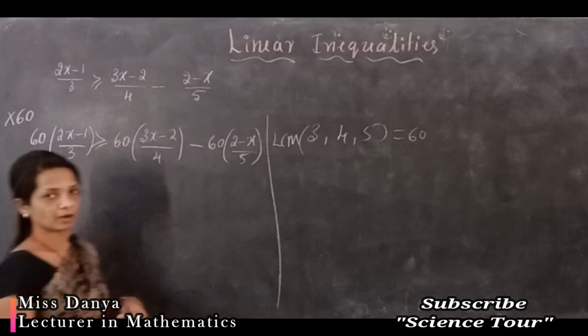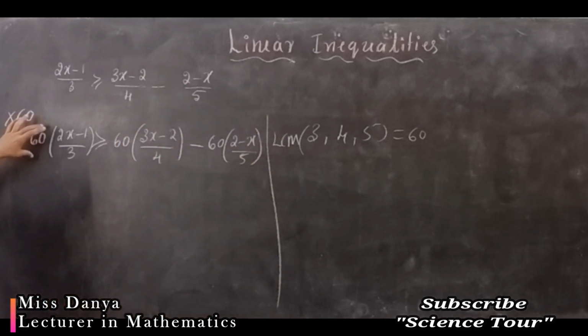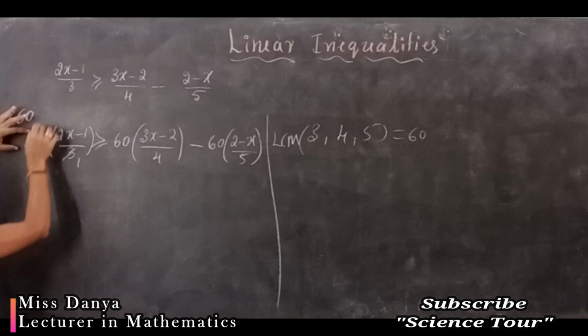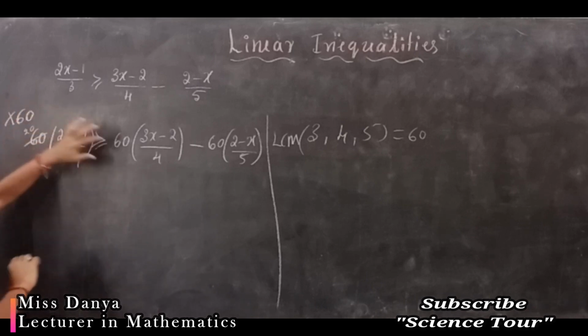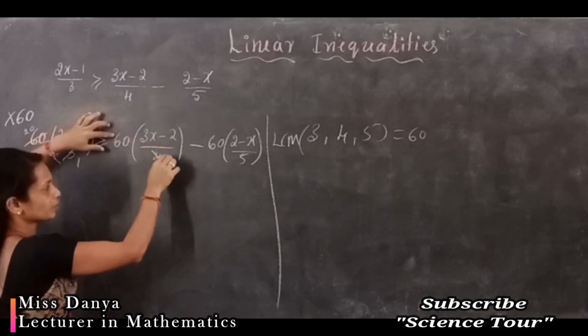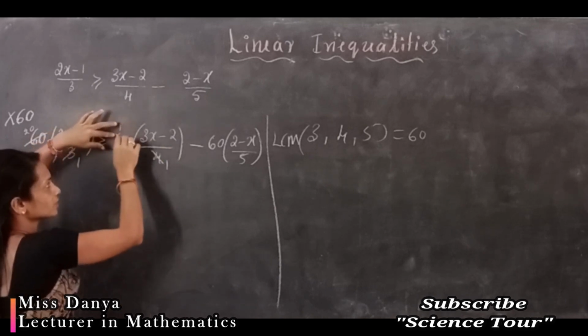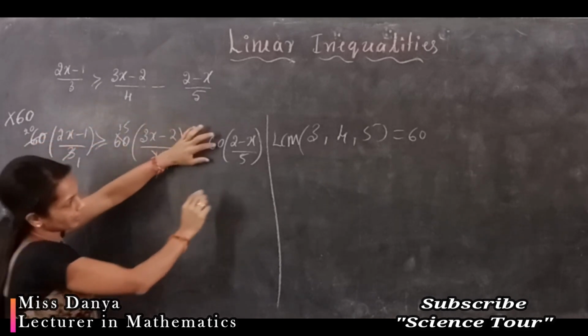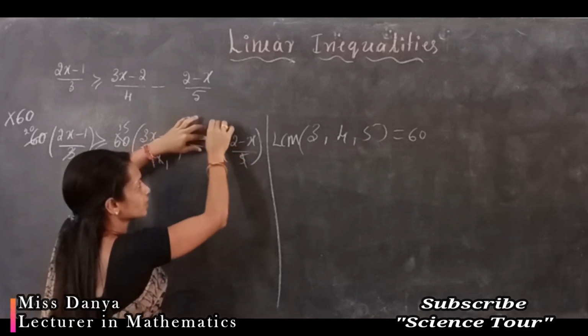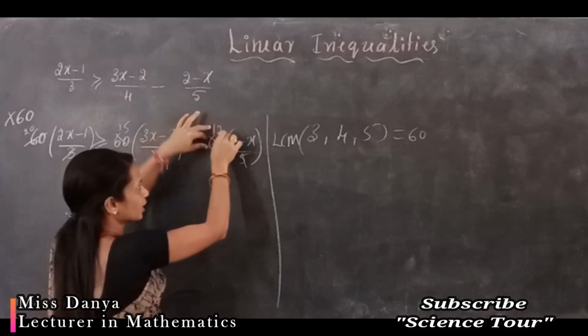Now you simplify this by cancelling the LCM and the denominators. 3 ones are 3, 20 times. 4 and 60 you can cancel by 4: 4 ones are 4, 15 times. Then 5 and 60 you can cancel by 5: 5 twelves are 60, so 12 times.